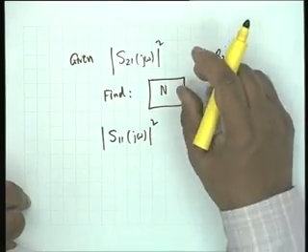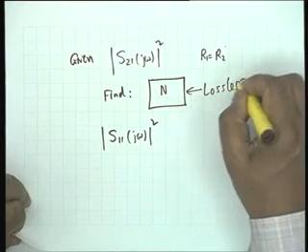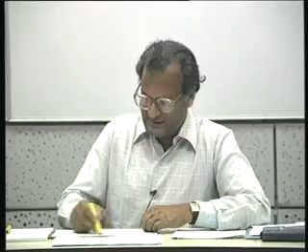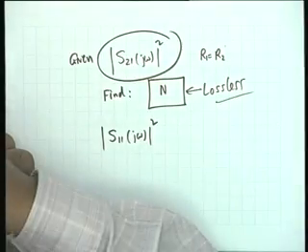We don't want N to absorb power, because then the power available to the load shall be reduced by the power absorbed by the network. So we want a lossless network. We want to realize the network. We want to find out what network shall realize this |S21(j omega)|².